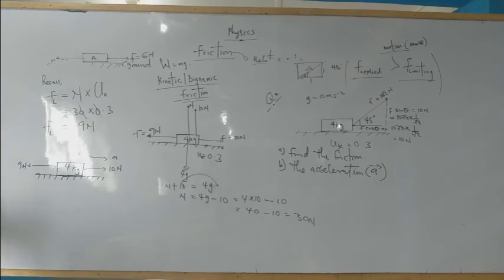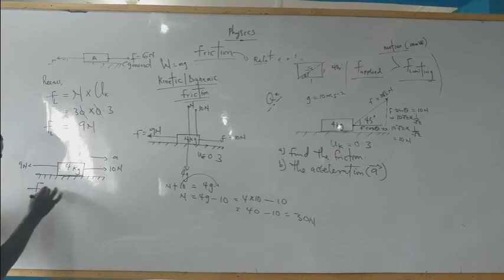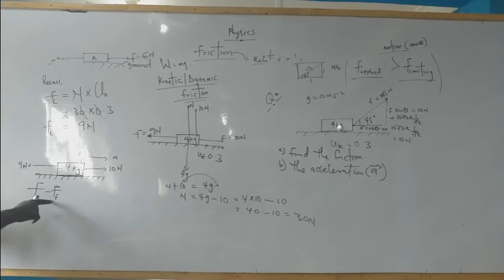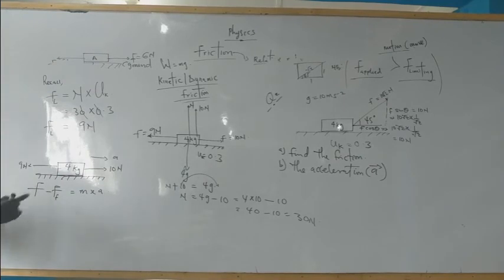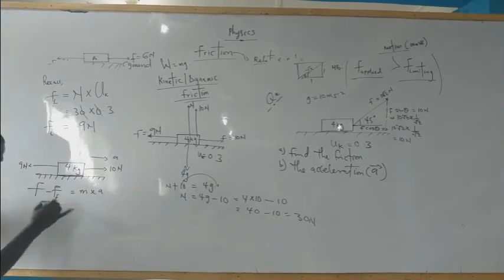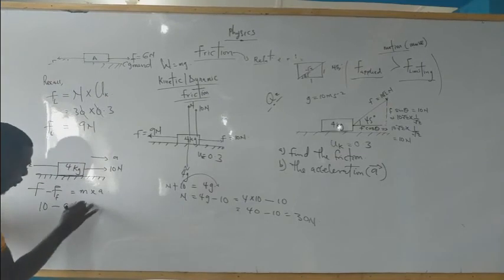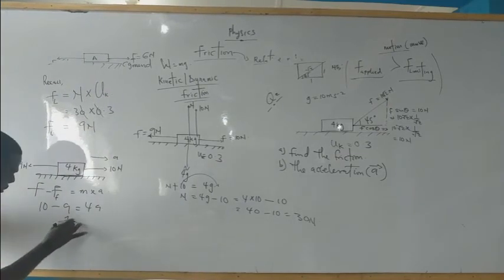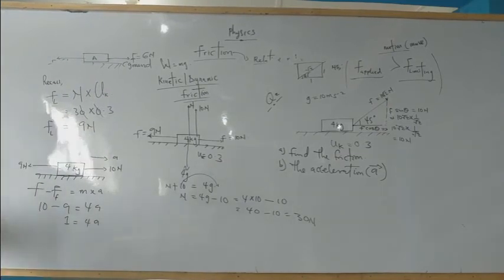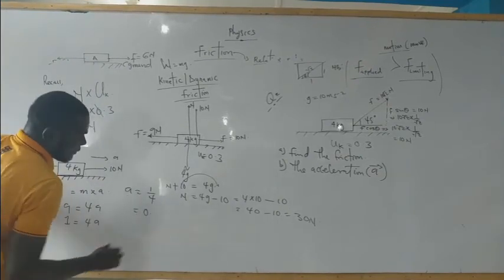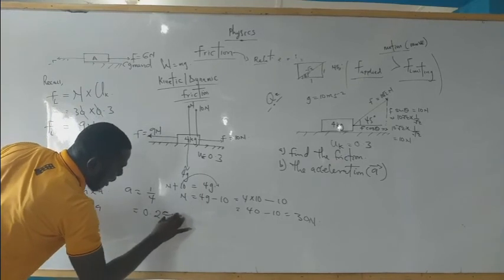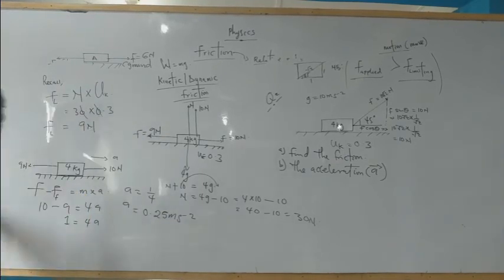So F minus frictional force equals M times A. 10 minus 9 equals 4A. That's 1 equals 4A, so A equals 1 over 4, that gives you 0.25 meter per second squared. That's the acceleration.